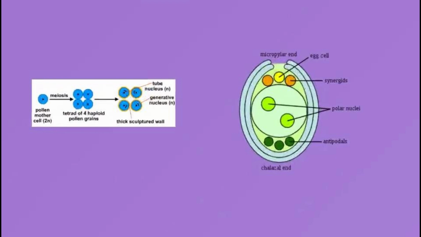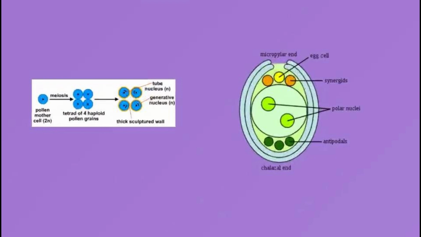It contains an egg cell, which forms the zygote, 2 synergids, and these help the generative nucleus reach the egg cell. So the generative nucleus, as I just mentioned, is part of the pollen. And 3 antipodal cells, and these have no established function, but we need to know that they are there, and they all have a big protective coating.